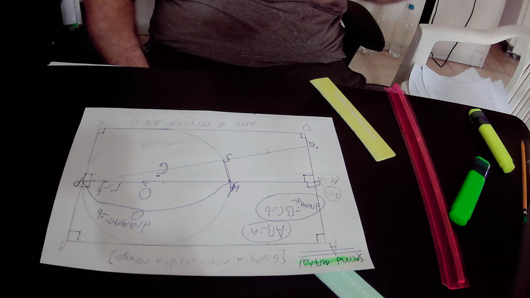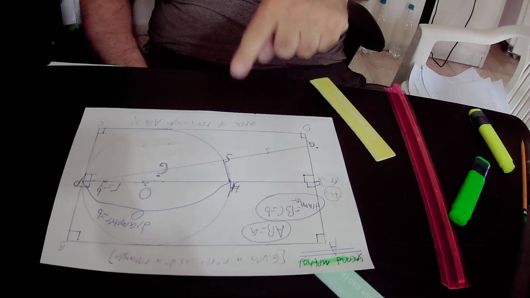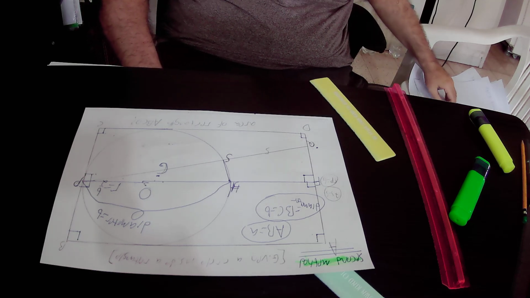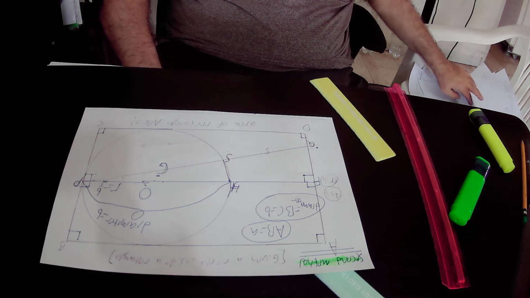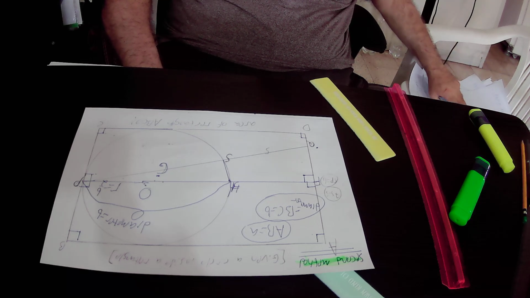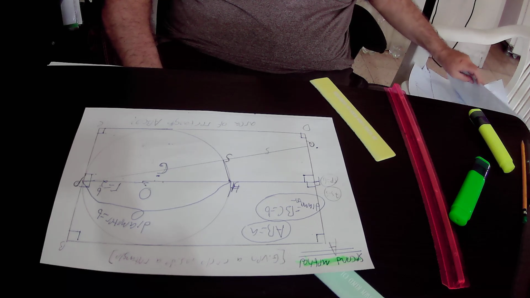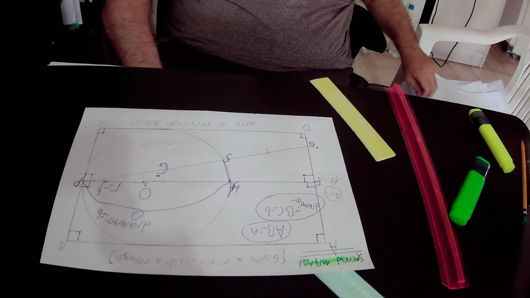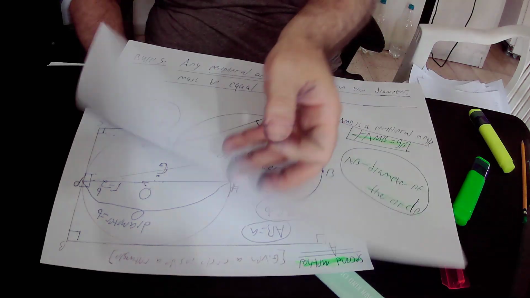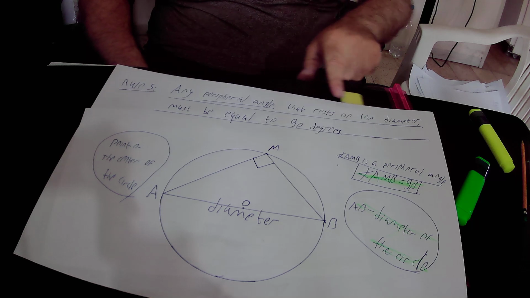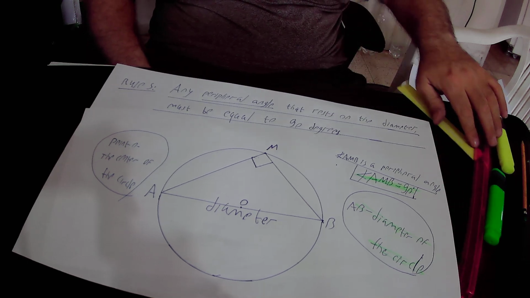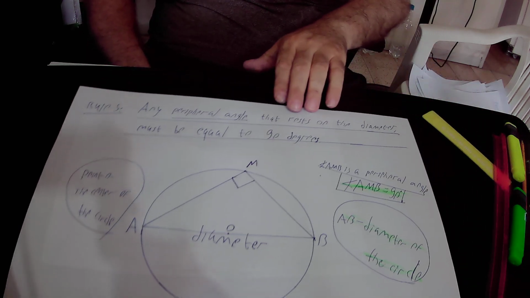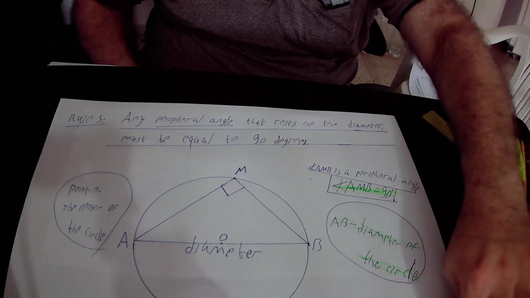That is to say, peripheral angle HSP rests on the diameter of the circle. And we have actually rule number 5 that relates to peripheral angle that rests on the diameter of the circle.